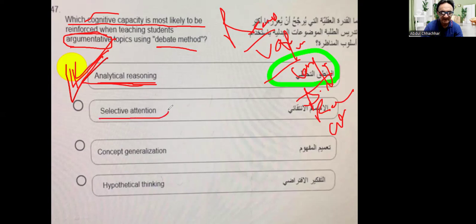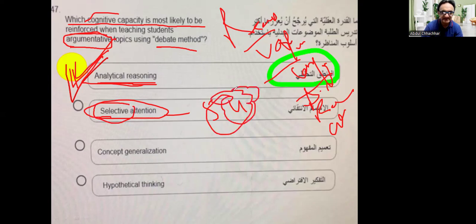Now, selective attention. We have 5 types of attention. Selective attention means a specific attention, while you are ignoring the rest, choosing one type of attention. Regarding concept generalization, that means you are making a very broad concept.